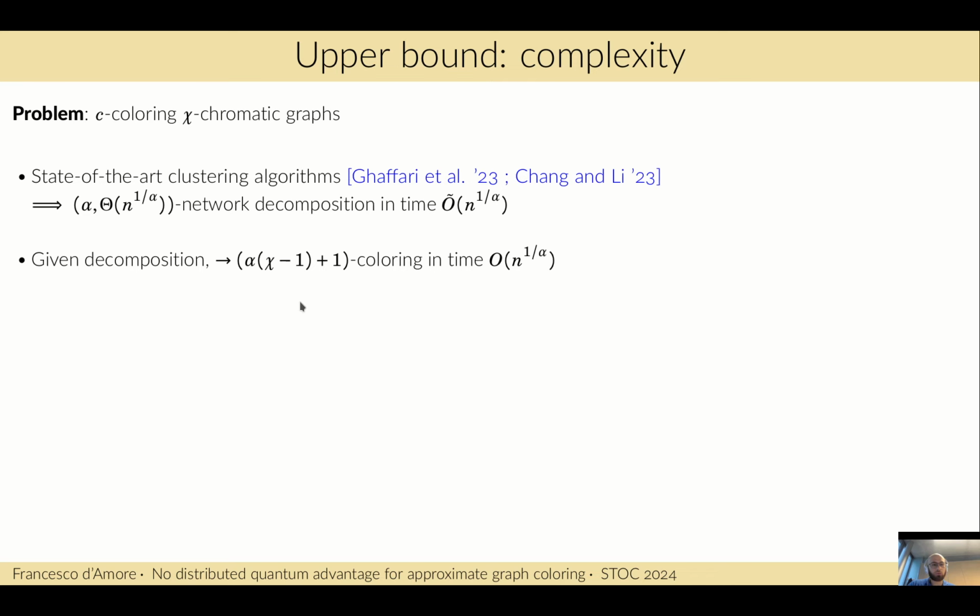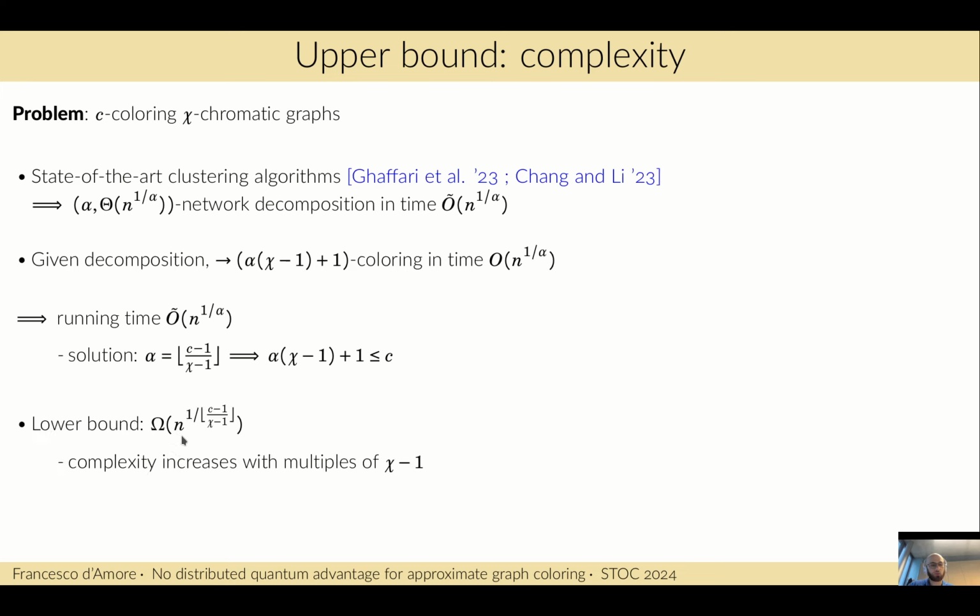And given this decomposition, we know now that with the hiding trick and the technique by Barenboim, we can get an alpha times chi minus 1 plus 1 coloring in roughly the same time. So the running time will not change, and if we fix alpha to be the approximation ratio, we know that the total number of colors that we are using is at most C, solving the problem.